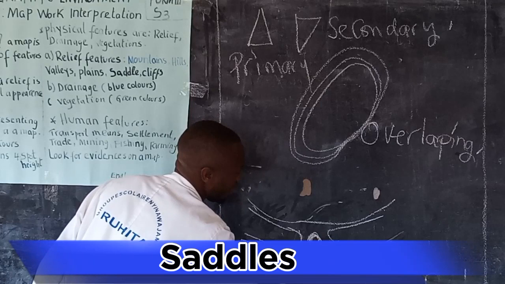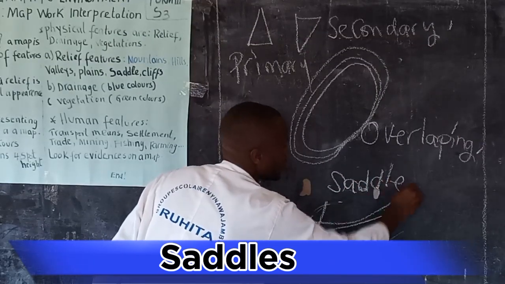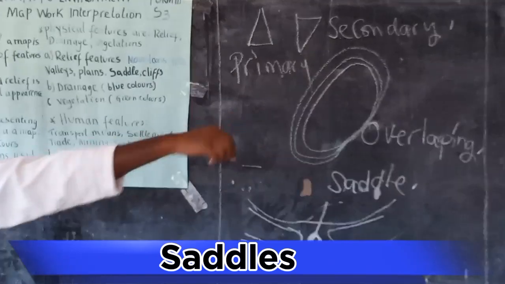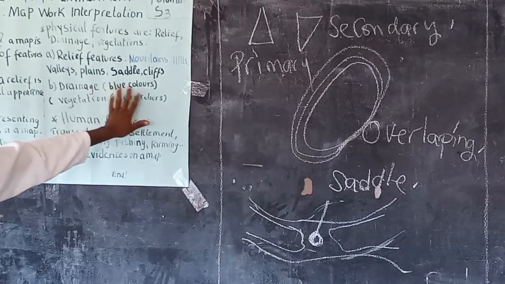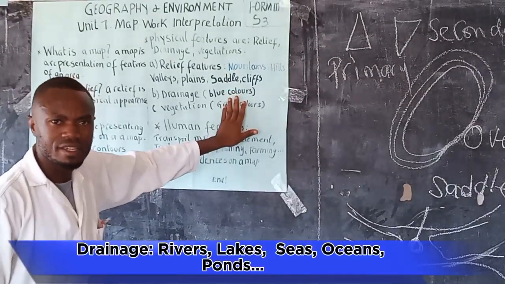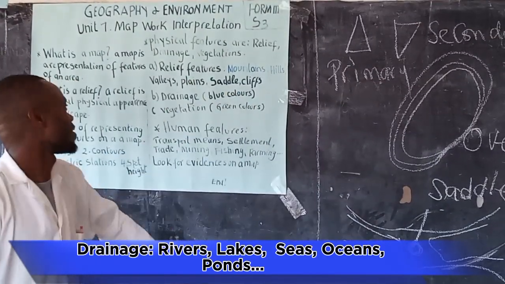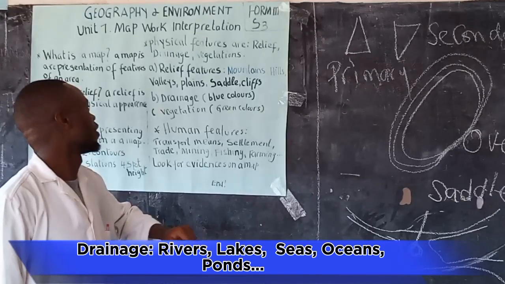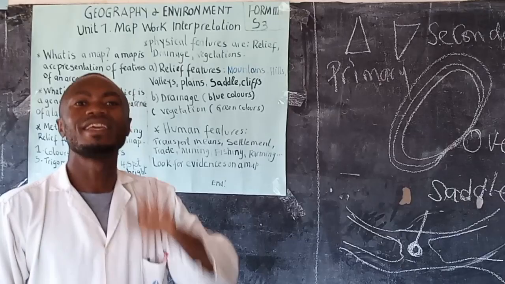The place here is called the saddle. Those are relief features. As I told you, drainage is represented by blue colors. Where there are water bodies on a topographical map, they must be represented by blue colors. We have even here vegetation. Vegetation, I told you, must be represented by green colors.